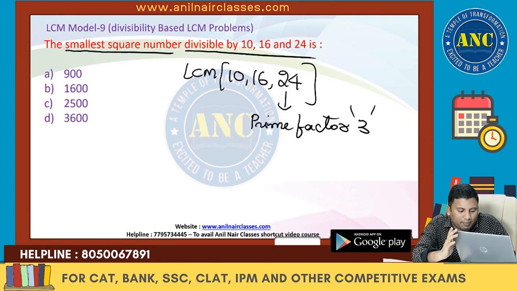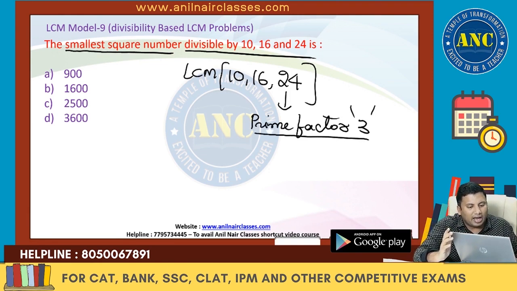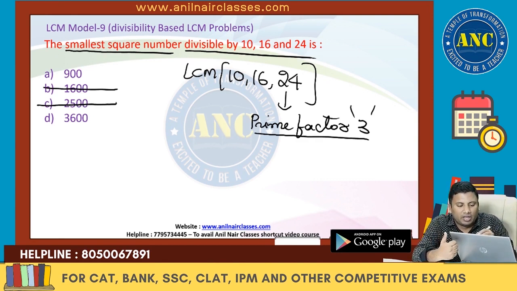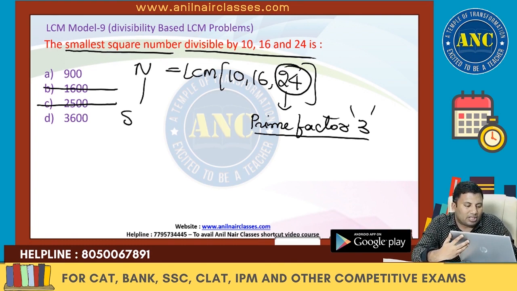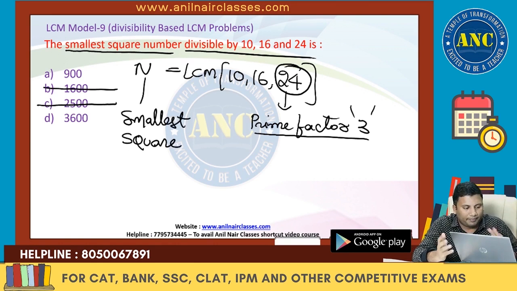If there is a prime factor 3 here, the answer should also be divisible by 3. 16, sum of the digits is 7. 2500, sum of the digits is 7. Here one number is divisible by 3. So on the left hand side, this smallest square should also be divisible by 3.